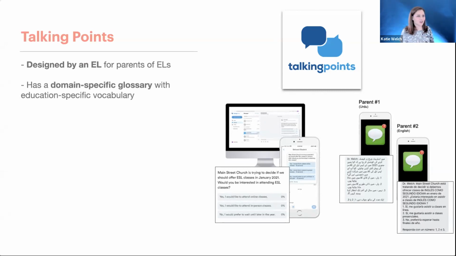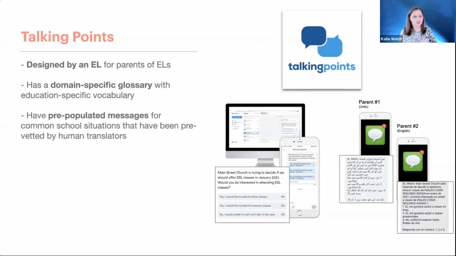Like I mentioned, it has a domain specific glossary, which means that the different educational words are already built in there. It has pre-populated messages for common school situations that have already been pre-vetted by human translators. So there's like a template that you can use. Well, that template has already been looked at by humans. And so the likelihood of accuracy is much higher.